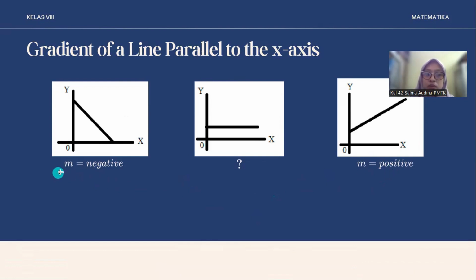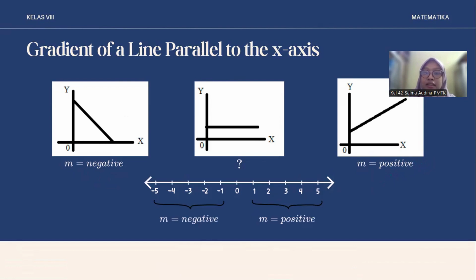So what is the number between a negative and a positive number? The answer is 0.